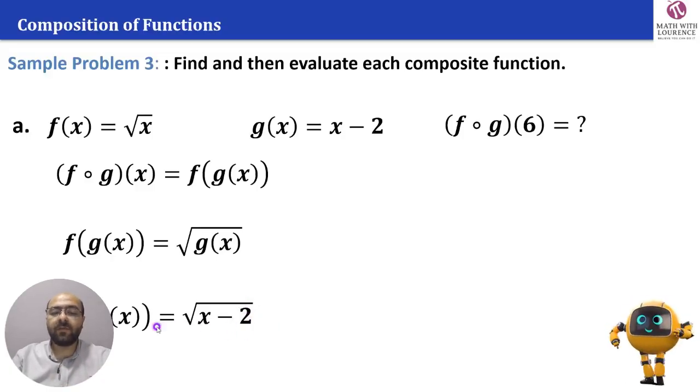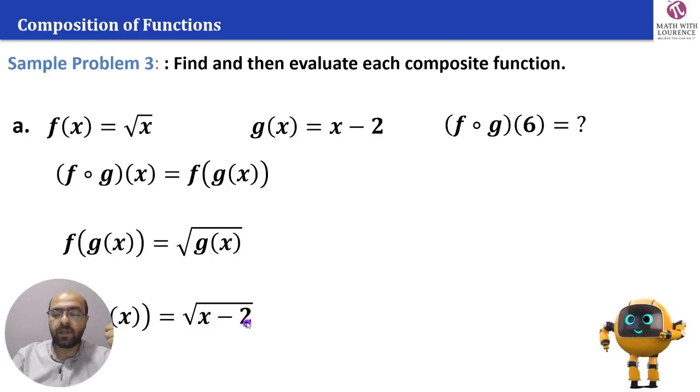So root of x minus 2. If I substitute x by 0, 0 minus 2 is negative 2. Let's write 1: 1 minus 2 equals minus 1, still negative. If I write 2, 2 minus 2 equals 0, so root of 0 is fine, and I will start from 2.